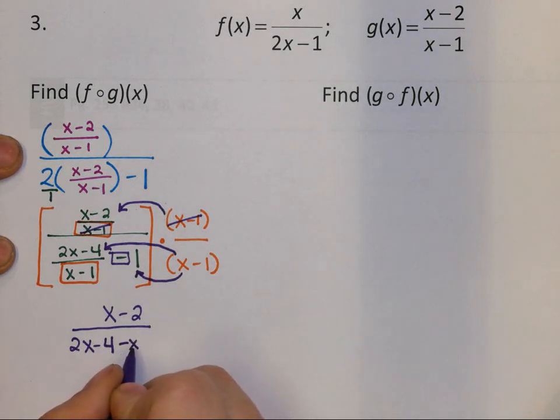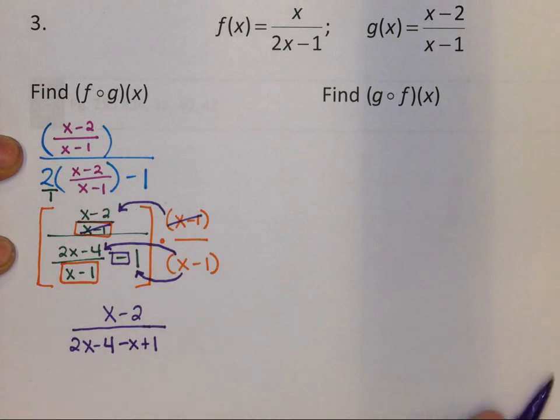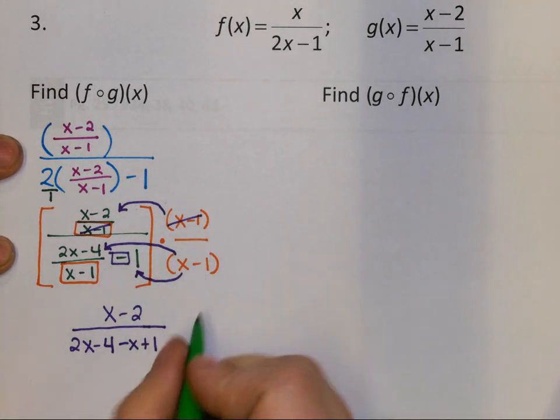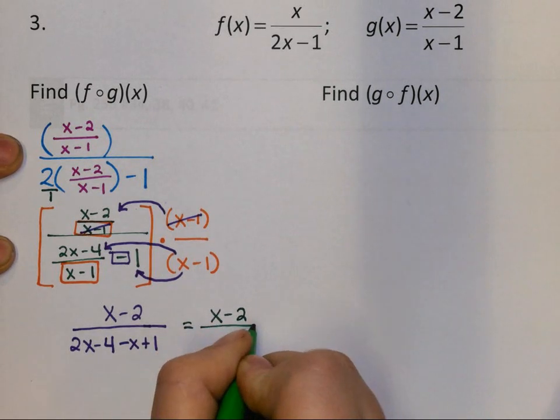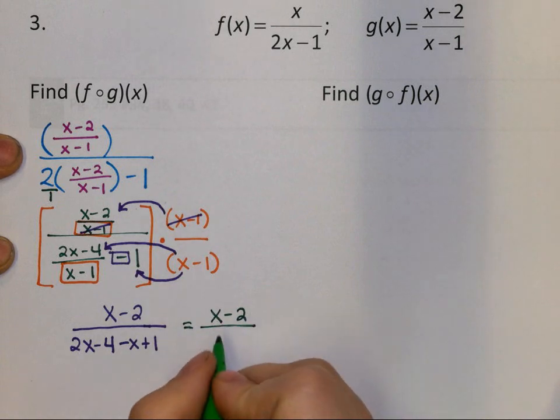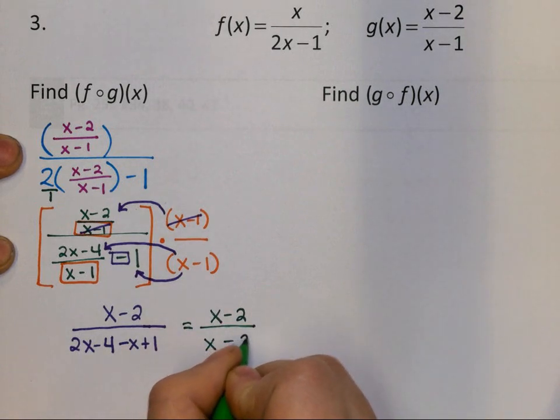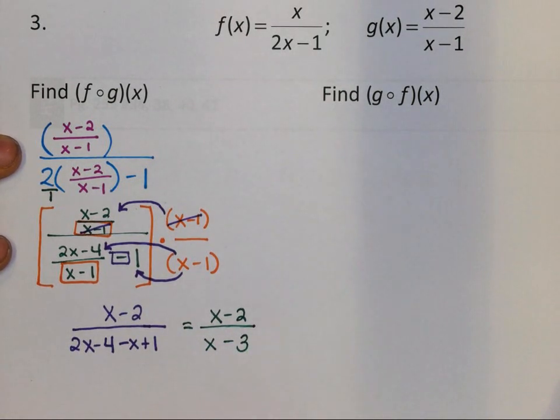Negative x plus 1. Yep, watch those signs. They're not difficult, but they're so easy to mess up. And then we just combine like terms. So I will have x minus 2 over what? x minus 3. Our restrictions come from the very end of this. So what do I say?